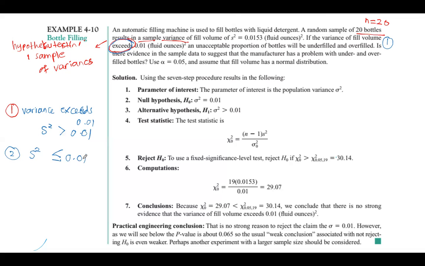Okay. Now, what we need to really ensure from these two claims is which one has the equality? Yeah, the statement that has equality is statement number 2. So for statement number 2, we have to put this as the null hypothesis.